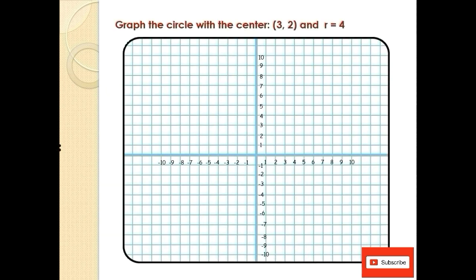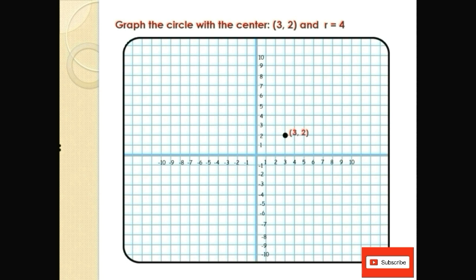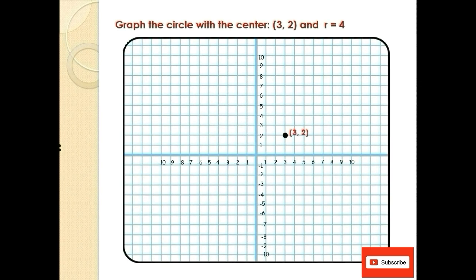Again, we locate first our center. X coordinate is positive 3 and the y coordinate is positive 2. Locate where they meet. There you are. Now, using our radius, let us identify 4 points on the circle.